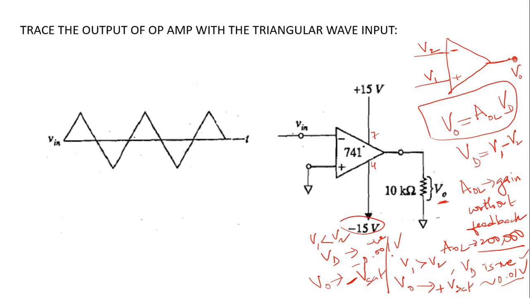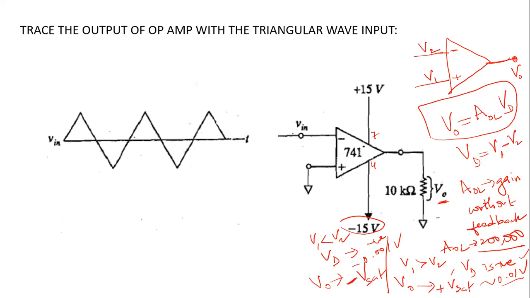So output voltage will jump to positive saturation or negative saturation depending on whether the difference voltage VD is positive or negative, isn't it? In this open loop configuration, whether VD is positive or negative, it will drive the output voltage into either positive Vsat or negative Vsat.